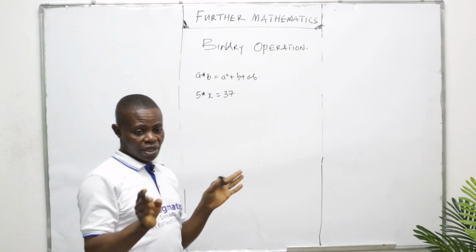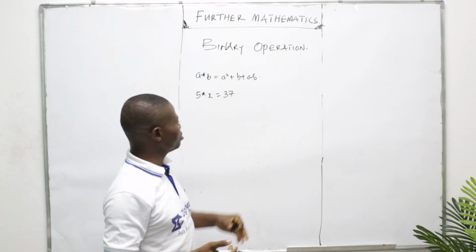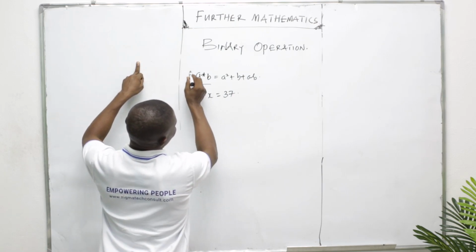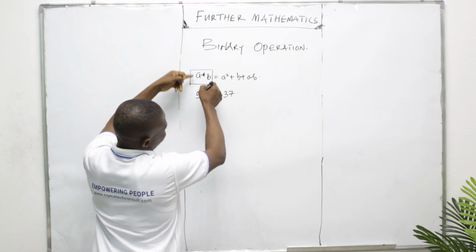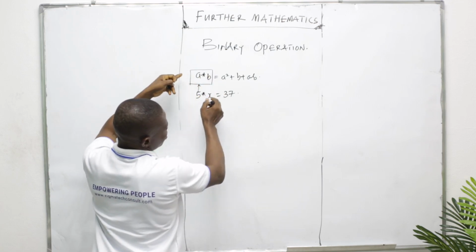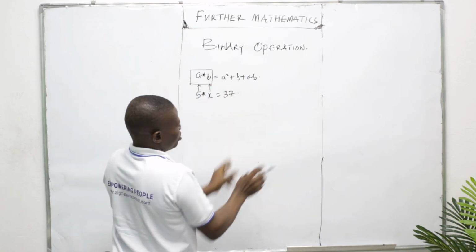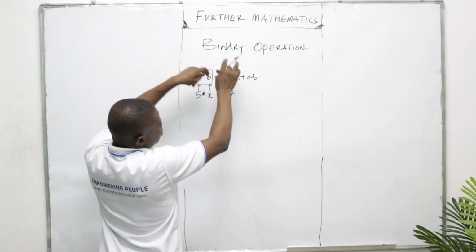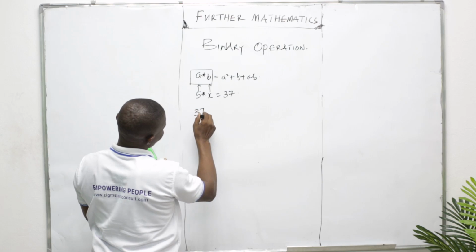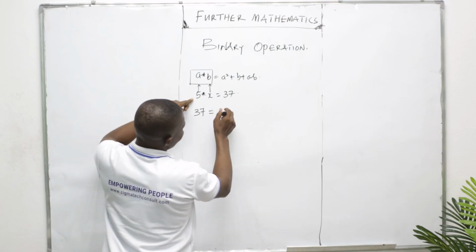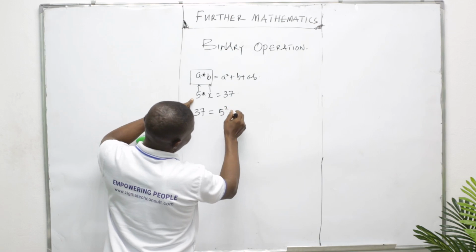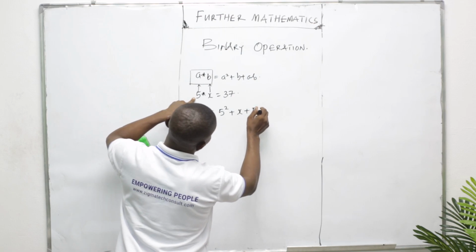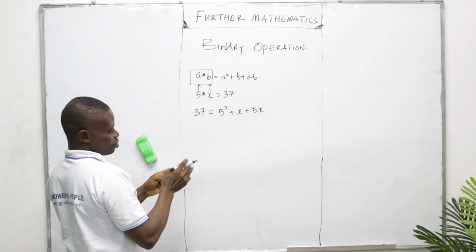Oh yeah, it looks scary, but not much. Just follow the format. Recall, I've told you, don't bother yourself about this. It's just to interact or communicate with this. This one, 5 is who? A. x is replacing B. So since you were told that this formula gives 37, you write 37 equals the first one, 5 squared, plus B, which is x, plus 5 times who? x, which is B. Can you see what's going on?